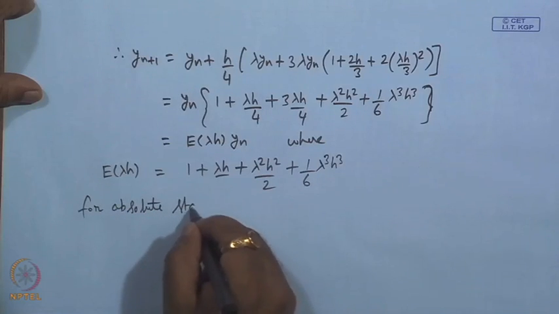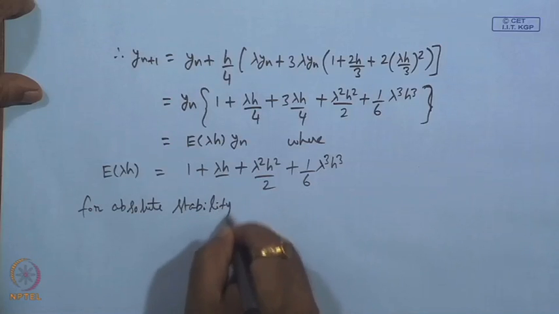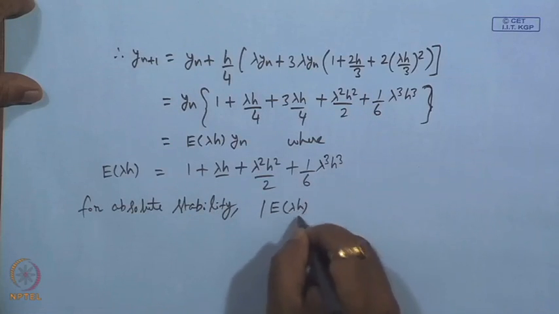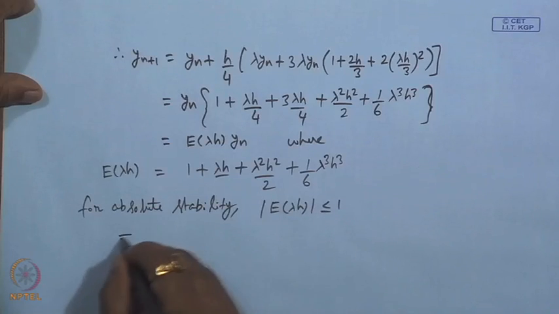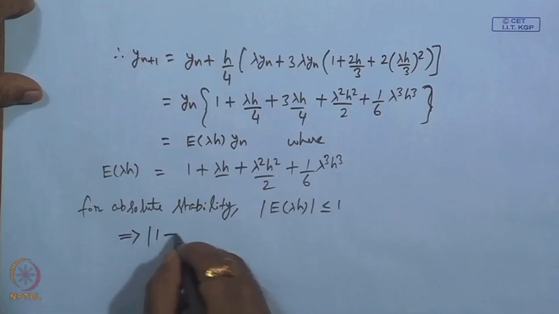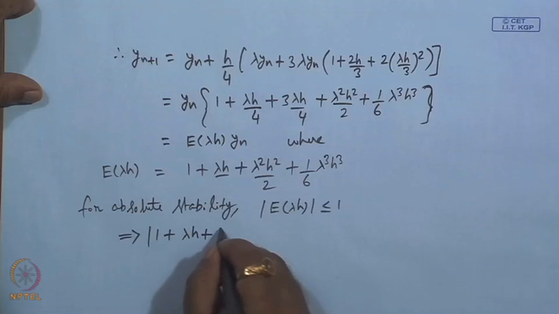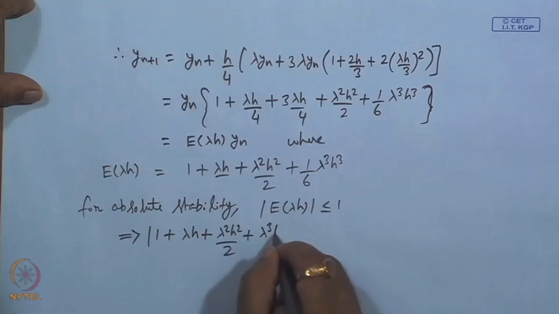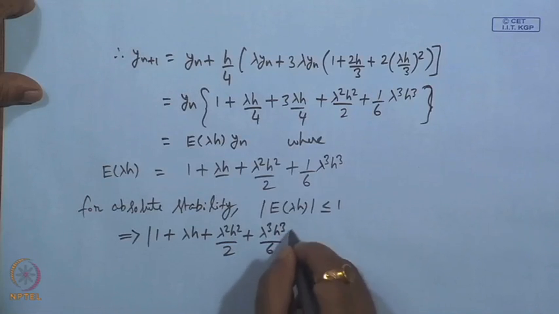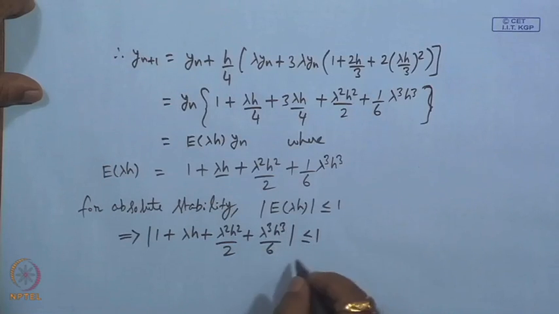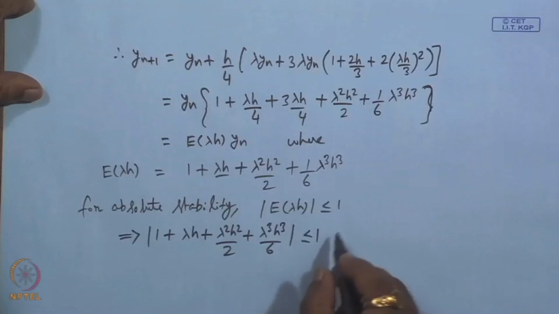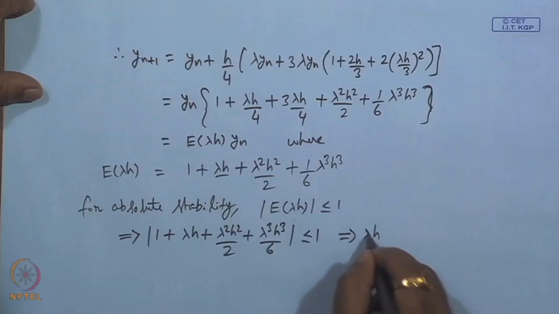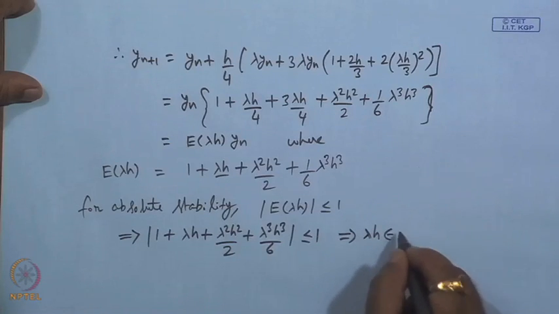Now, for absolute stability, this implies lambda h belongs to an interval.